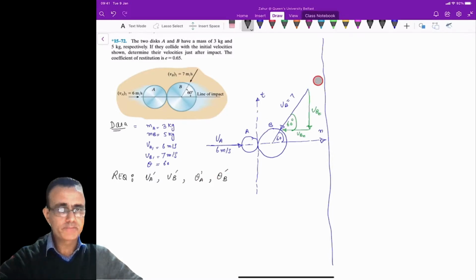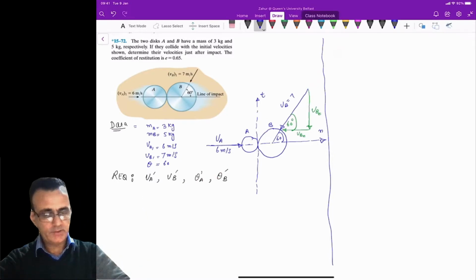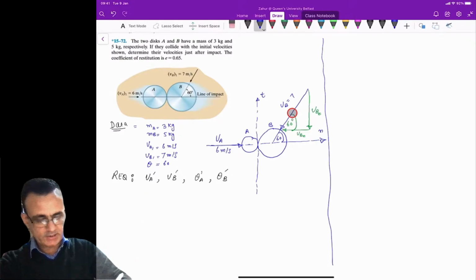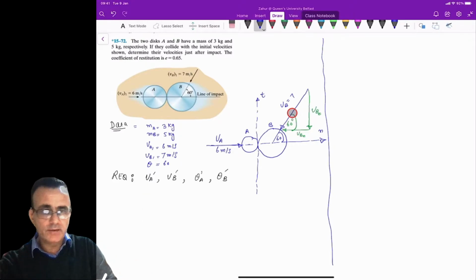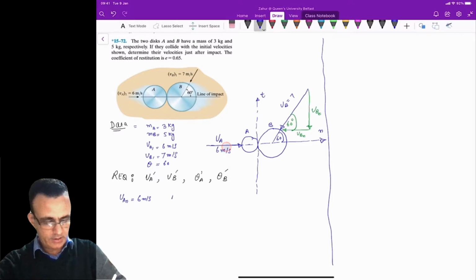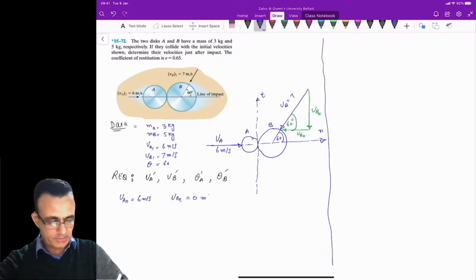Okay, so the first thing that we are going to do is find the components of these velocities before the impact. For A, it's straightforward. For A, we can say that VAN is 6 meter per second, which is in the positive direction here, and there is no t component here. Therefore, VAT will be 0 meter per second.